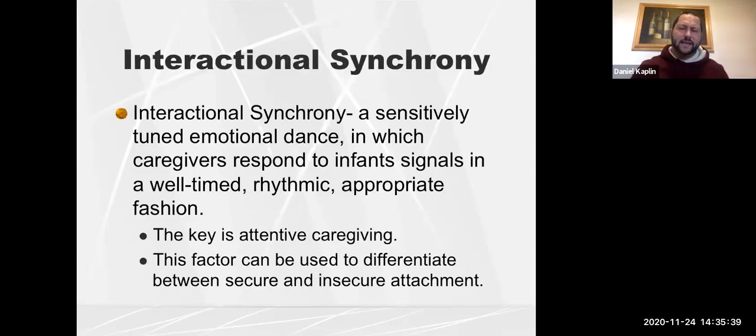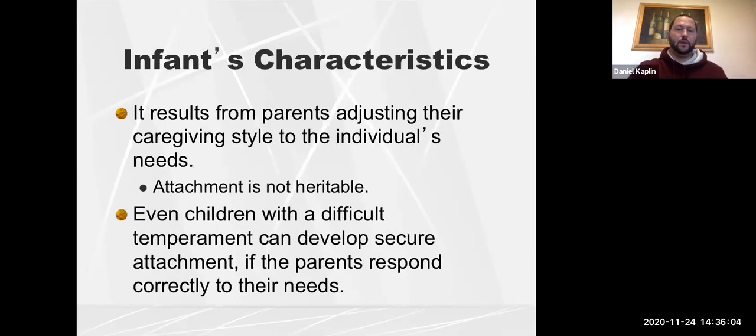We also see interactional synchrony, which is an emotional dance between the caregiver and the infant, and how the caregiver responds to the infant in a balanced way. So this interactional synchrony is important. Being attentive is important. And then some of the child or infant characteristics play a role.